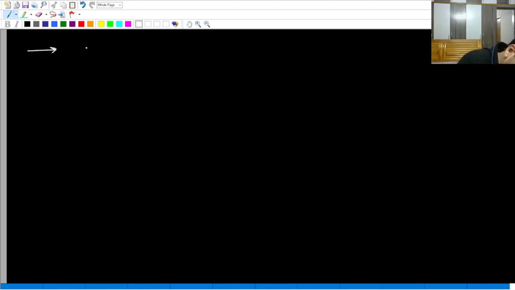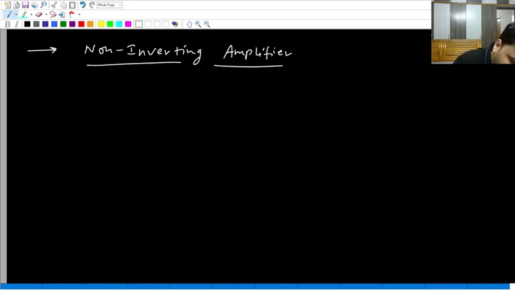So let us take the non-inverting amplifier. For the non-inverting amplifier, already we know the gain is 1 plus R2 by R1, which is positive. I told you that for any amplifier apart from gain, there will also be Rin and Rout. Let us find the input and output resistances of the non-inverting amplifier quickly.